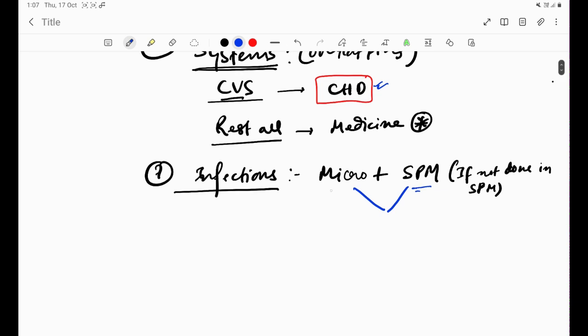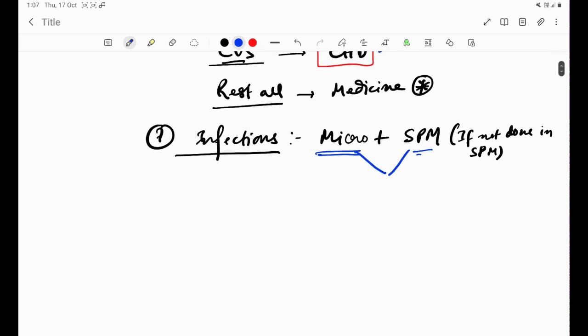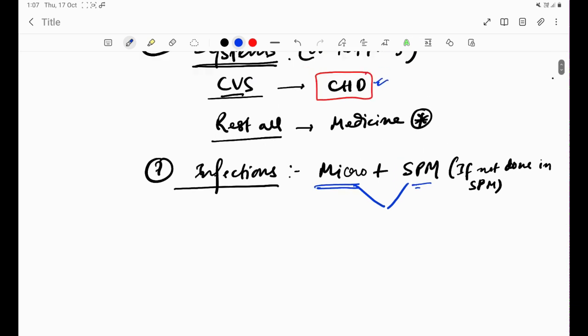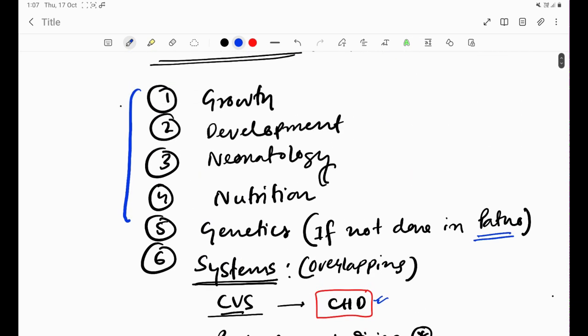Make sure you collaborate the subjects with the microbiology portions of bacterial, viral, and parasitology, so that you don't have to study everything separately, and you can do it once and all the subjects are covered. So that's how you should do pediatrics.